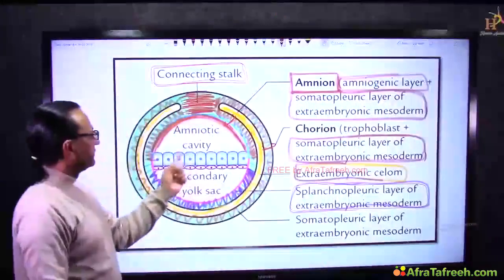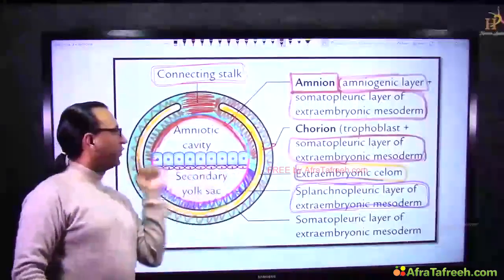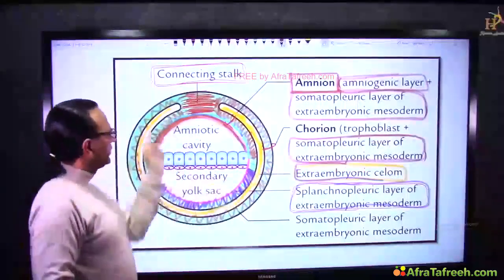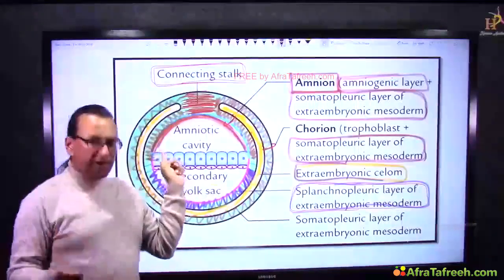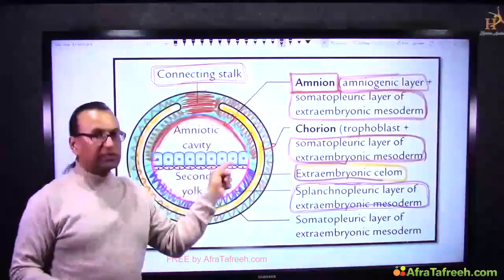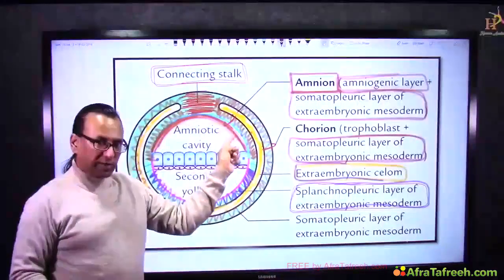Now, if you say this is the amniotic cavity, which has a floor of ectoderm, and some roof and lateral wall made by amnion, is contributed by amniogenic cells. Yes, plus the somatopleuric extra embryonic mesoderm.